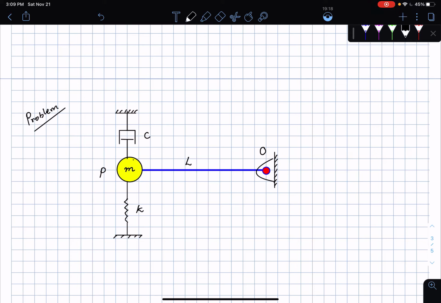First of all, this is a massless bar, and there is a mass M connected here.